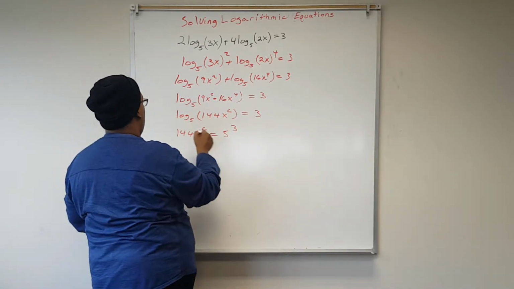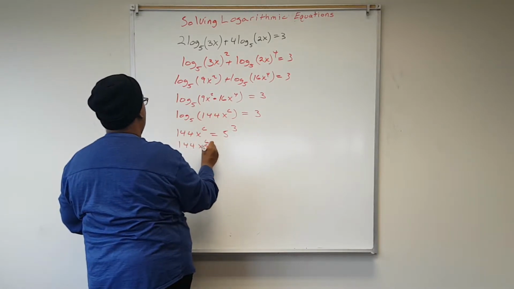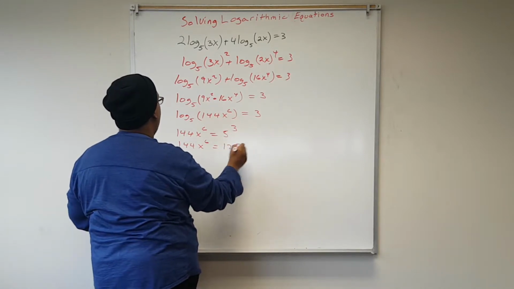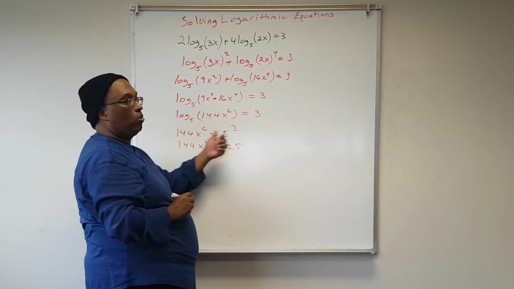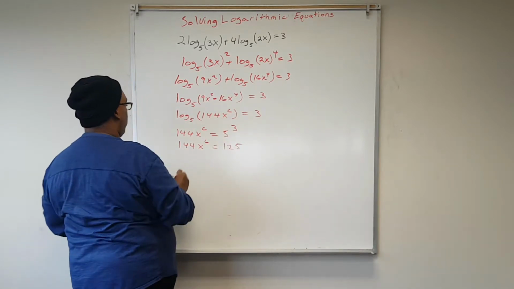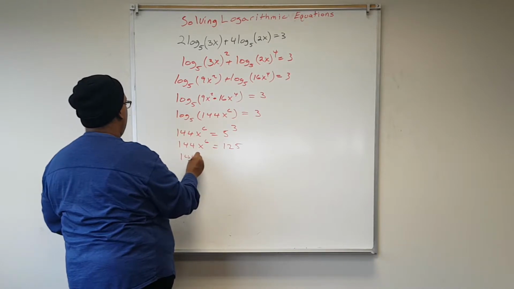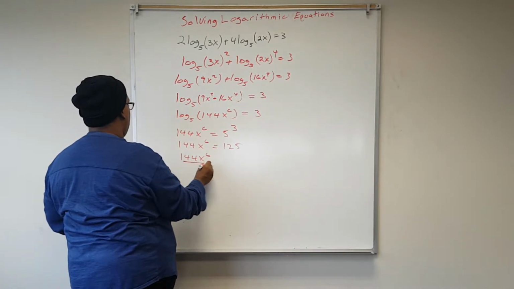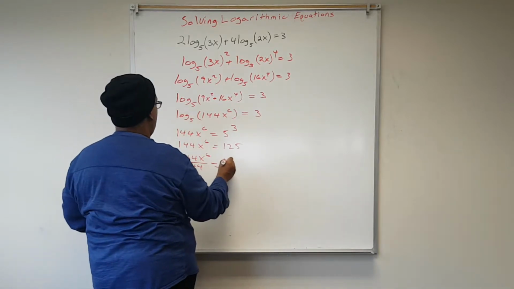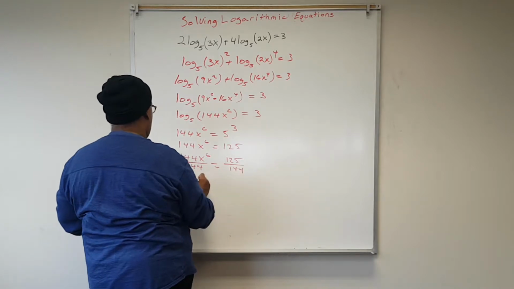Now we can solve this and say 144x to the 6 equals 5 cubed, which is 125. That's 25 times 5, which is 125. Solving this, we need to divide: 144x to the 6 divided by 144 equals 125 divided by 144.